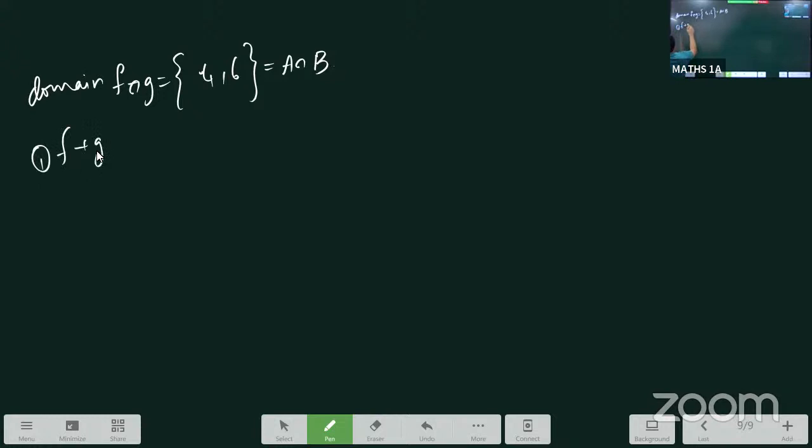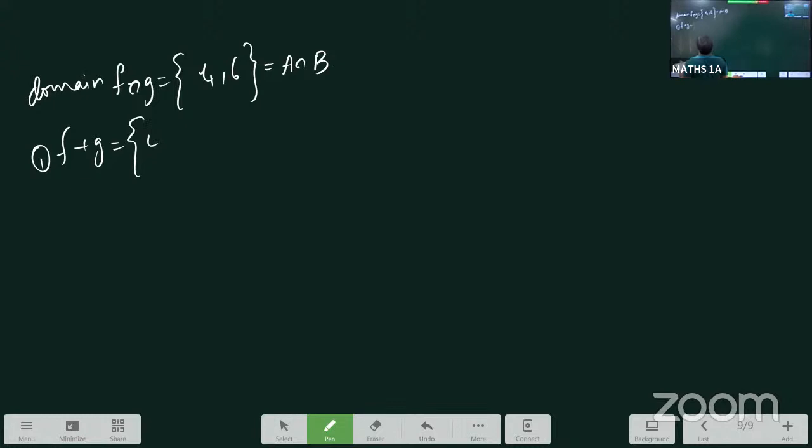f plus g, correct? The common domain is 4: f of 4 plus g of 4, so that is 5 minus 4, next 6, f of 6 plus g of 6. Okay, instead of doing it directly, let us write.